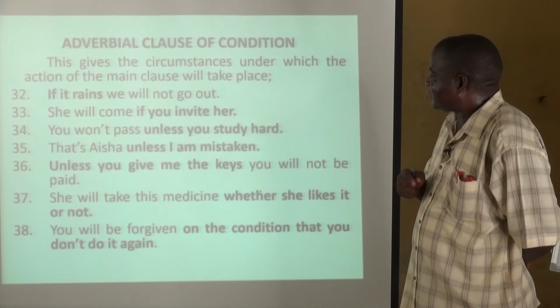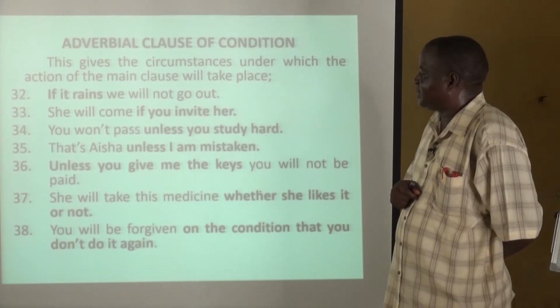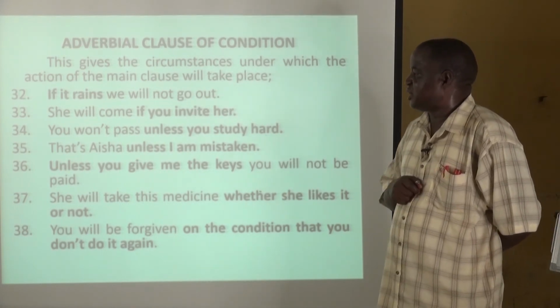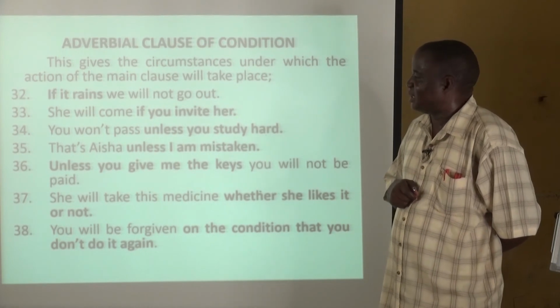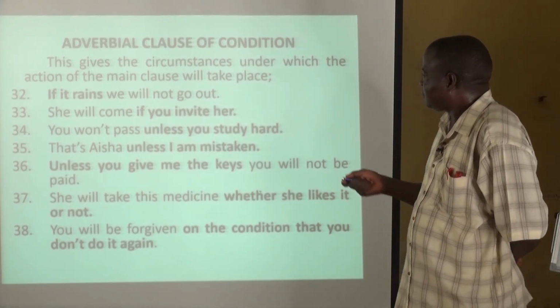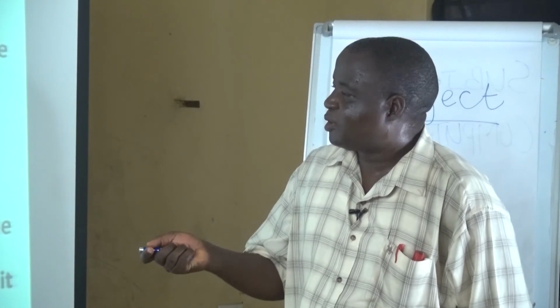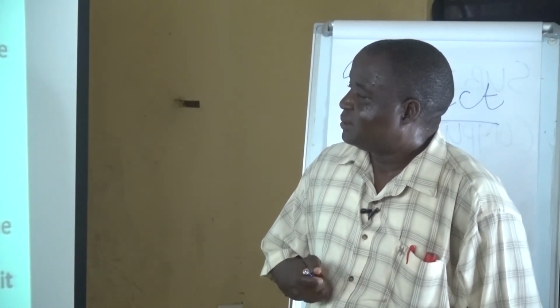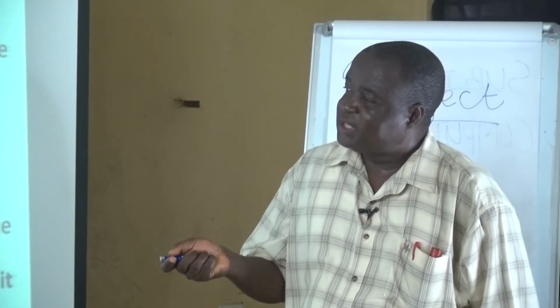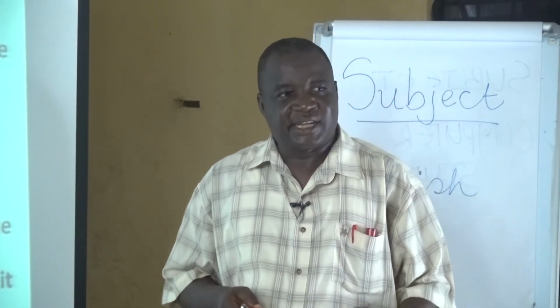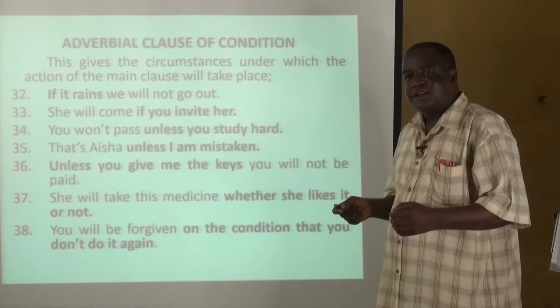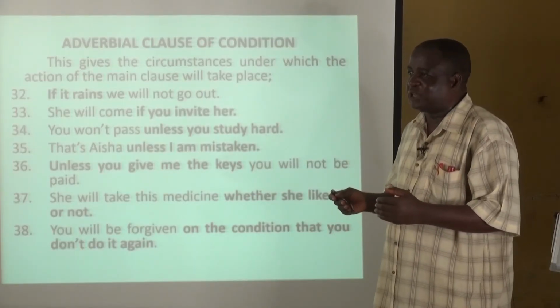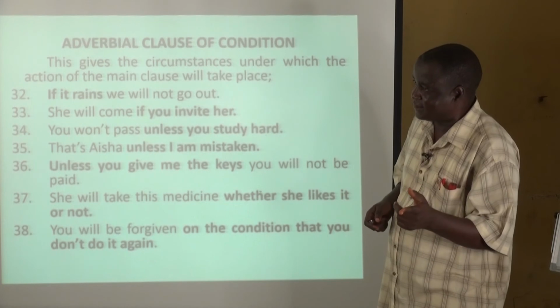35. That's Aisha unless I am mistaken. Here, our adverbial clause of condition is "unless I am mistaken." Now, you notice that "that's" is an enclitic form that shortened the whole of that structure, that is, "that is."